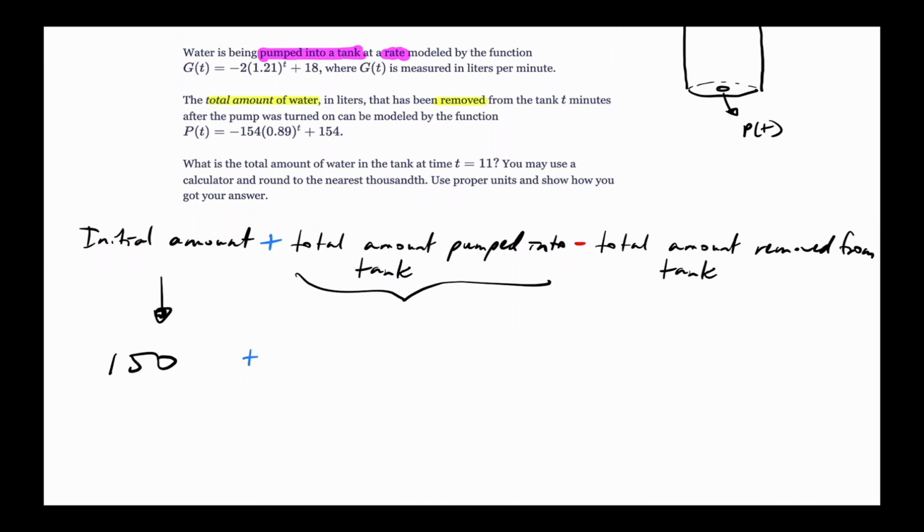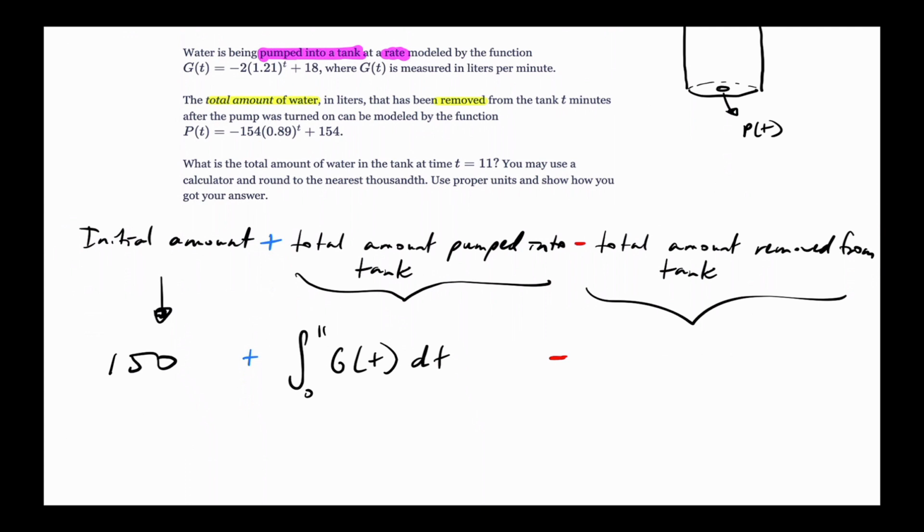So I'm given a rate for pumped in, so I have to integrate G of t from 0 to 11 to figure out that amount, minus, how do I find the total amount of the water removed from the tank?